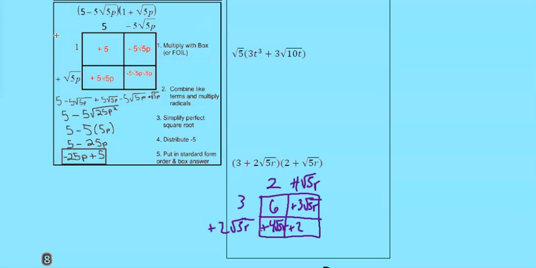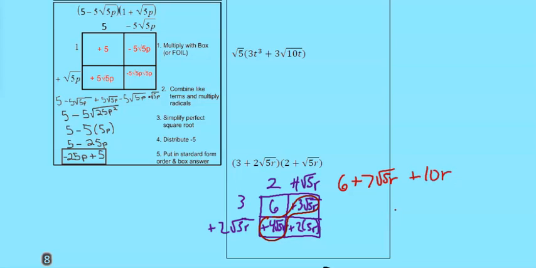Square root of 5r times square root of 5r is 5r. So we're going to go ahead and combine like terms. These two terms are like, so we have 7 square root 5r. So we have 6 plus 7 square root 5r plus 2 times 5r is 10r.